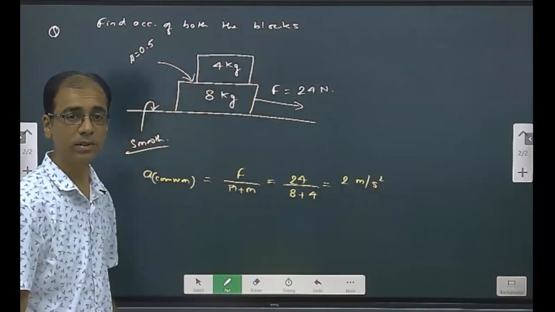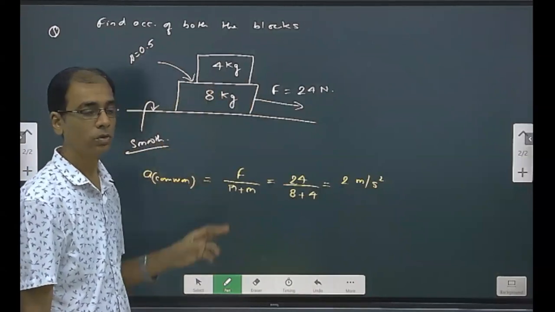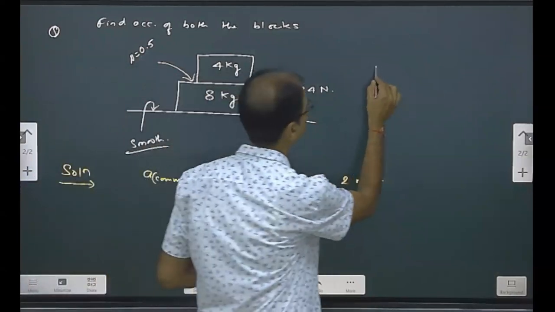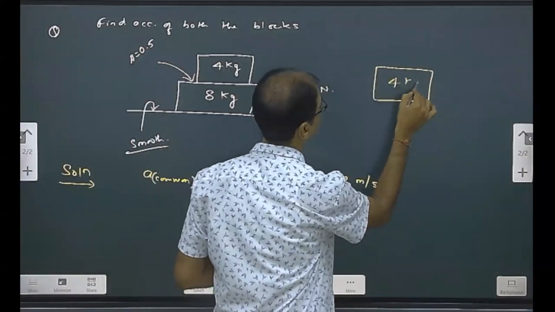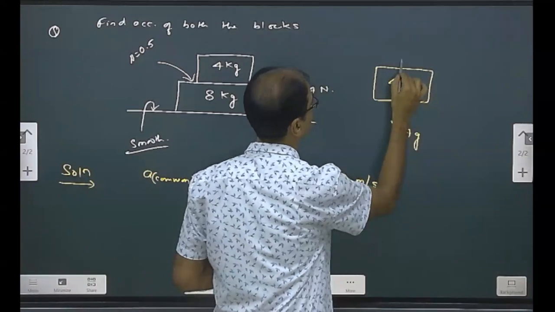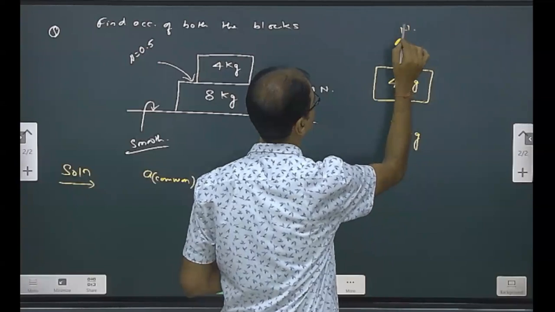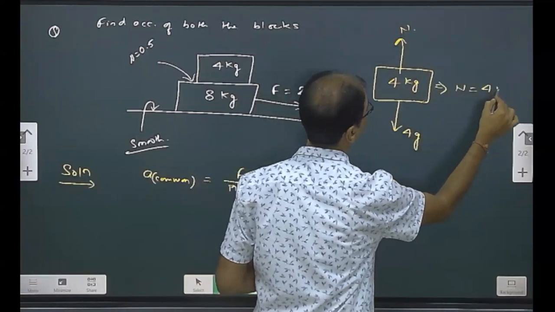Good. Next thing, we'll be finding force of friction between these two. So the free body diagram of the 4 kg block. We know that here is 4g acting. There is N acting, normal contact force, and N value is 4g. Now, what is the limiting friction here?